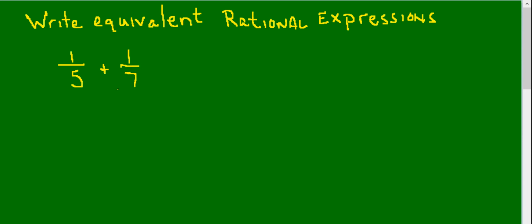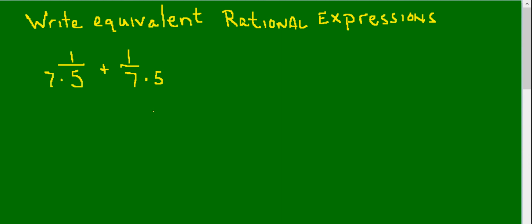In a case like this, I'm changing this to a problem now so it's more understandable for you. My goal is to get the denominators to be the same. In order to do that, what would I have to do? Well, one strategy is I could multiply this denominator by 7 and this denominator by 5.